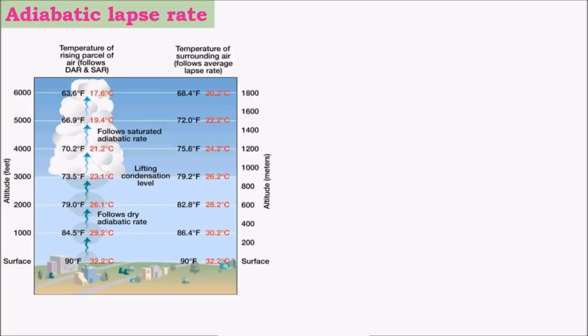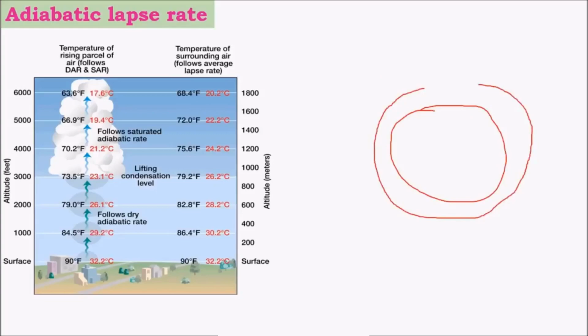And other than this, we know that Earth has a blanket of air, and this air is denser in the troposphere, and it contains various important greenhouse gases like carbon dioxide, water vapor, methane, etc. So when there is a sun's ray coming towards this atmosphere, the atmosphere is completely or partially transparent to the sun's rays.